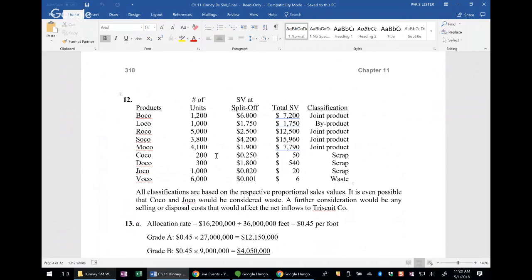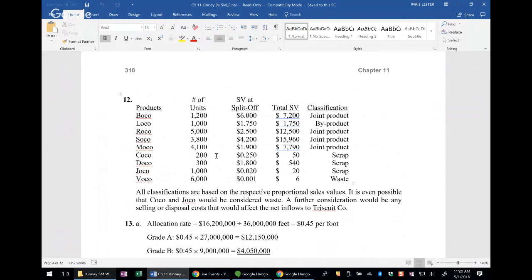Just because it's 1,000 units, it's still a lot of units. Sales value is not much. We're considering it a byproduct. These, a lot of units, and we consider them joint products. So what's the difference between LOCO and MOCO? LOCO, of course, had relatively small sales value and small units, where MOCO had a lot of units.